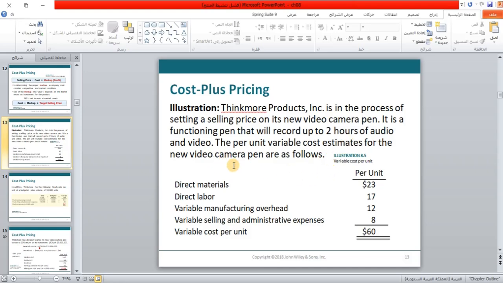The per unit variable cost estimated for the new video camera bin is as follows: direct material, direct labor, variable manufacturing overhead, variable selling and administrative expense. Variable cost per unit is $60 per unit.